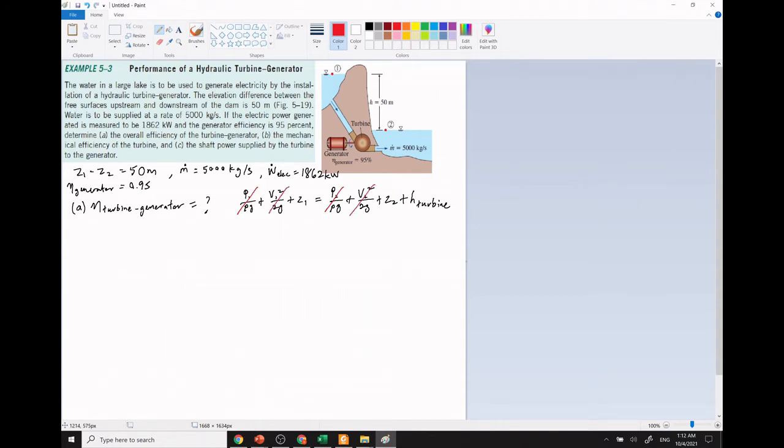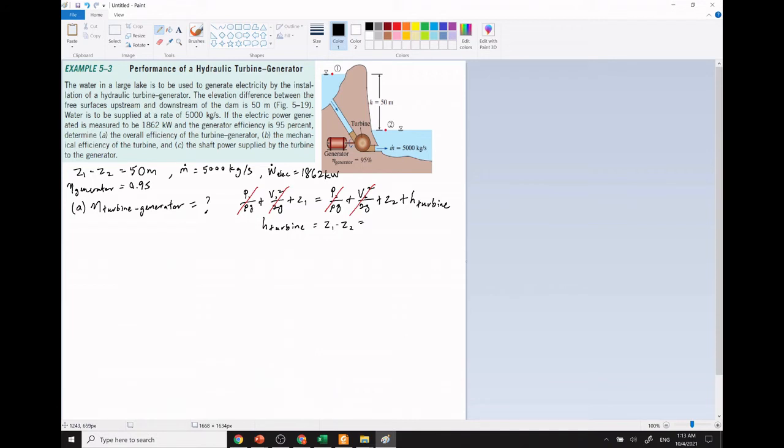And now it leaves us with the H turbine, which is given by Z1 minus Z2.